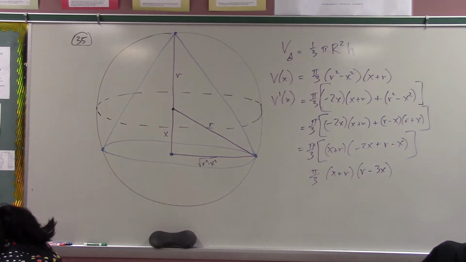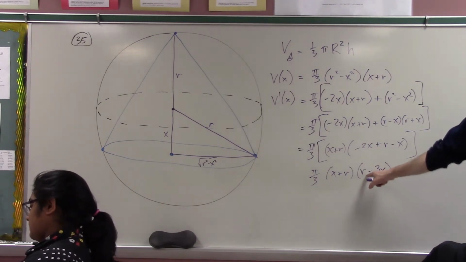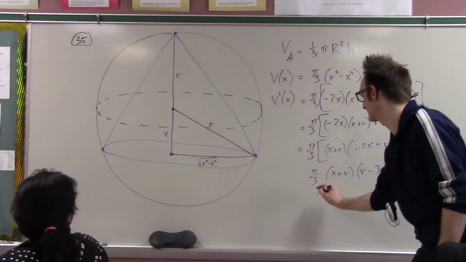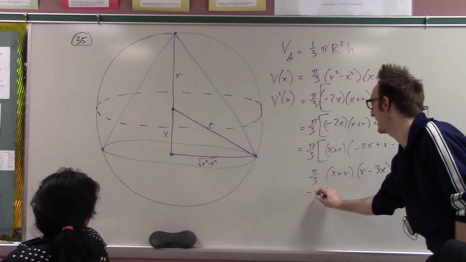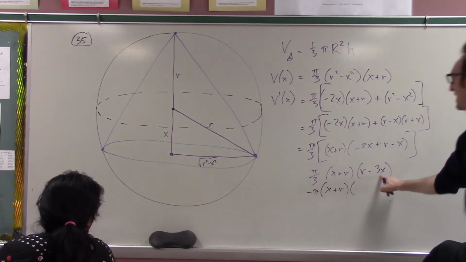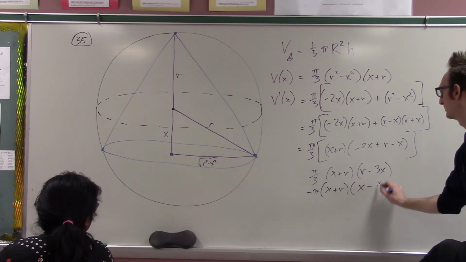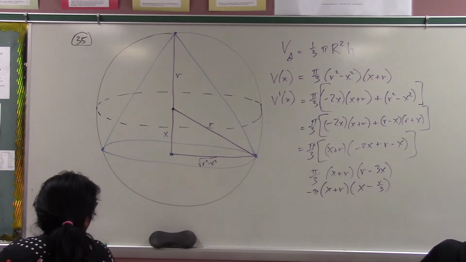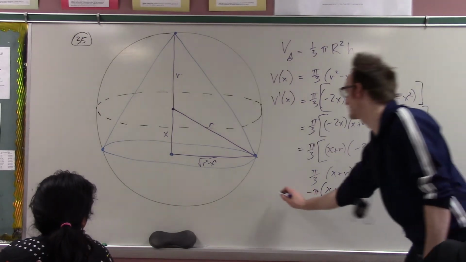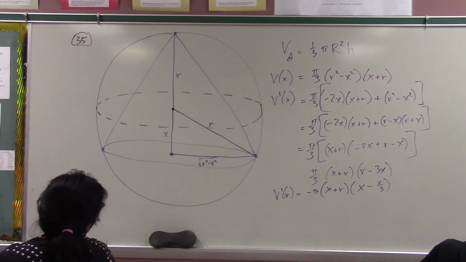And now, if I'm being really fancy, maybe I'll pull out a negative 3. So what I get is negative pi x plus r times, since I pulled out a negative 3, x minus r over 3. Okay. This is the best way to write the derivative, because it's just a quadratic.